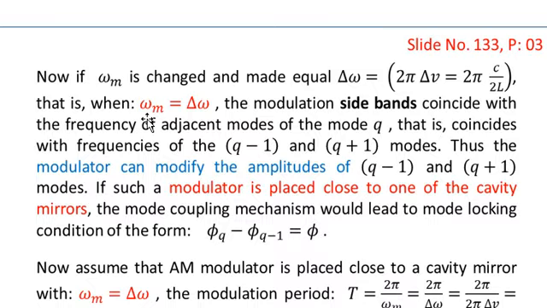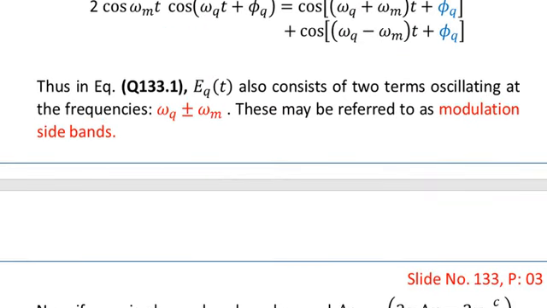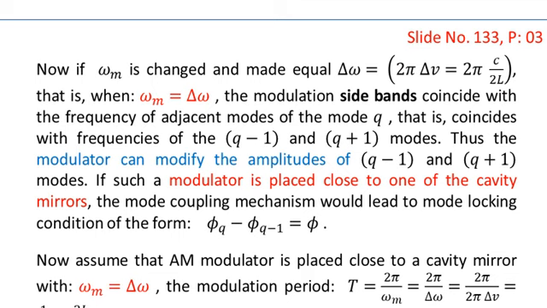If you make omega m equal to delta omega, the side bands due to the modulator will coincide with the q plus 1 mode and the q minus 1 mode, which are the original cavity modes of the laser. So the two side bands of the modulator, given by omega q plus minus delta omega, will coincide with the original modes of the laser, that is the q minus 1 and q plus 1 modes.